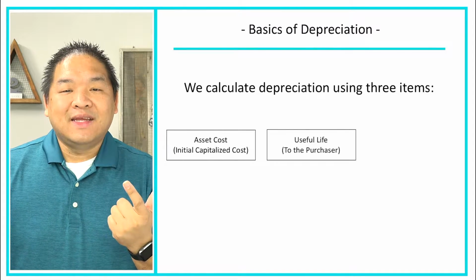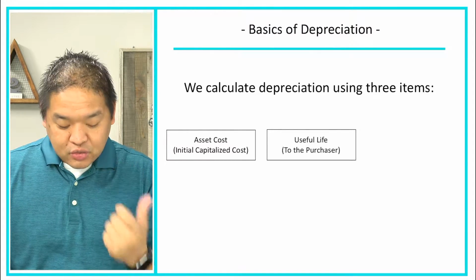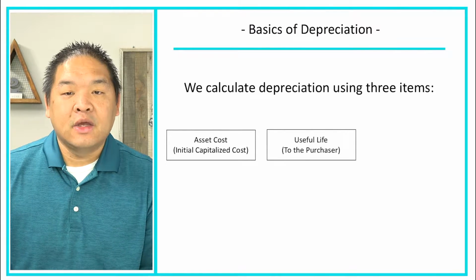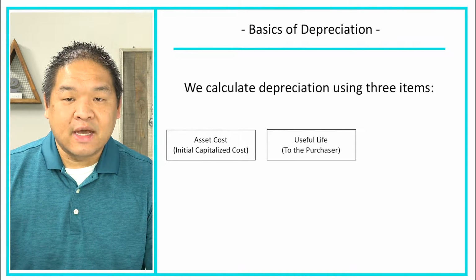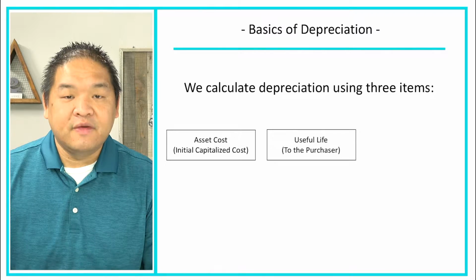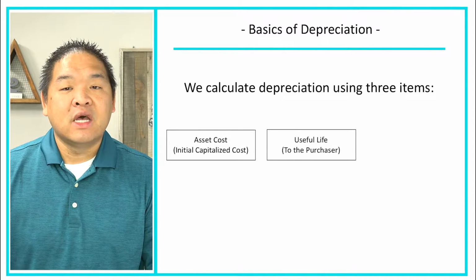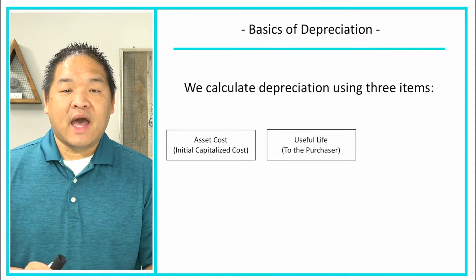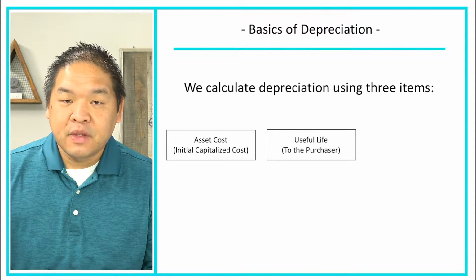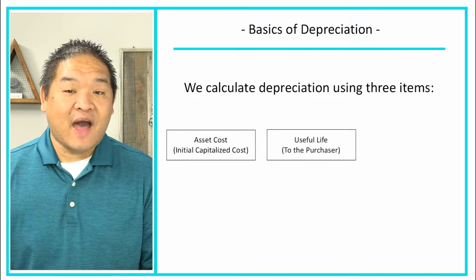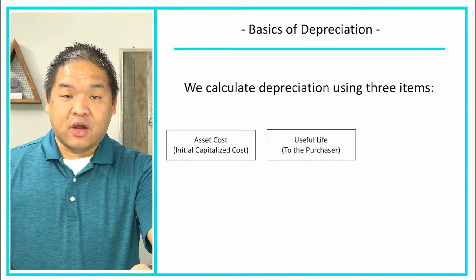Then we would need the useful life to the purchaser. The key thing here is this is not the asset's life. This is the useful life of that asset to the purchaser. So for instance, a lot of companies may decide that they buy new cars for their businesses, and then after 5 years, they get rid of those cars.